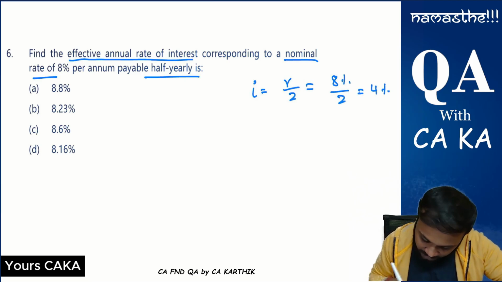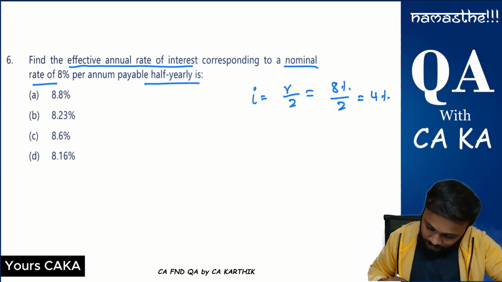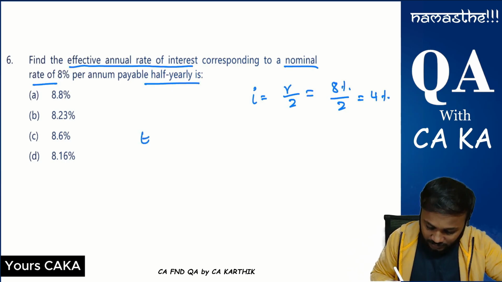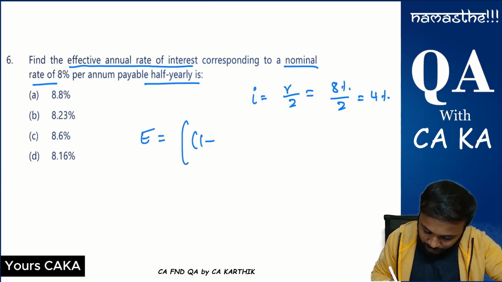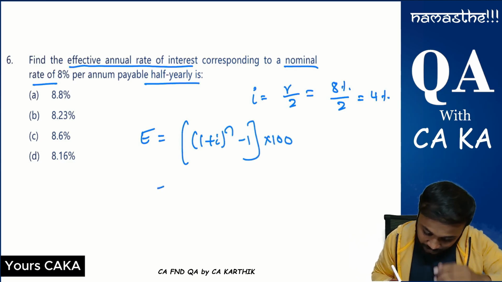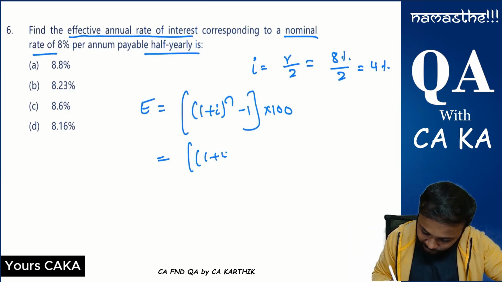Now what is the formula? The effective interest rate formula: E is equal to 1 plus i whole power n minus 1, into 100, which is nothing but 1 plus 4% whole to the power of 2 minus 1, into 100.